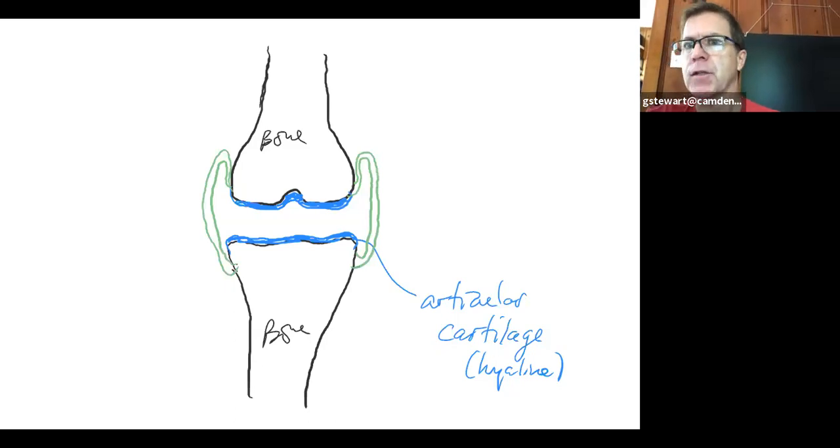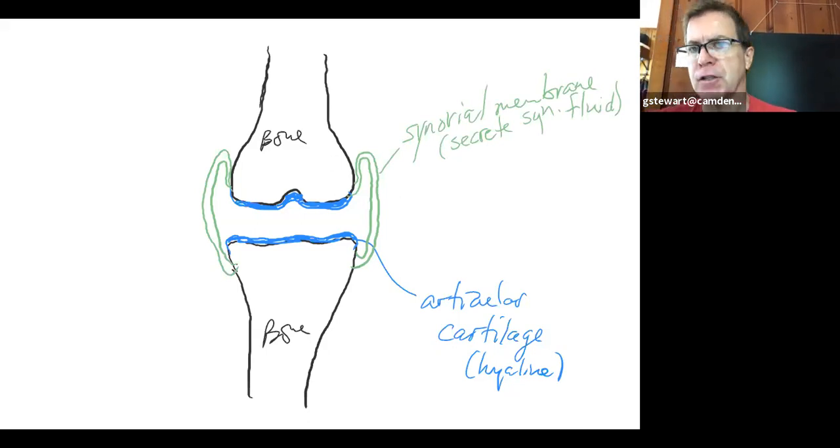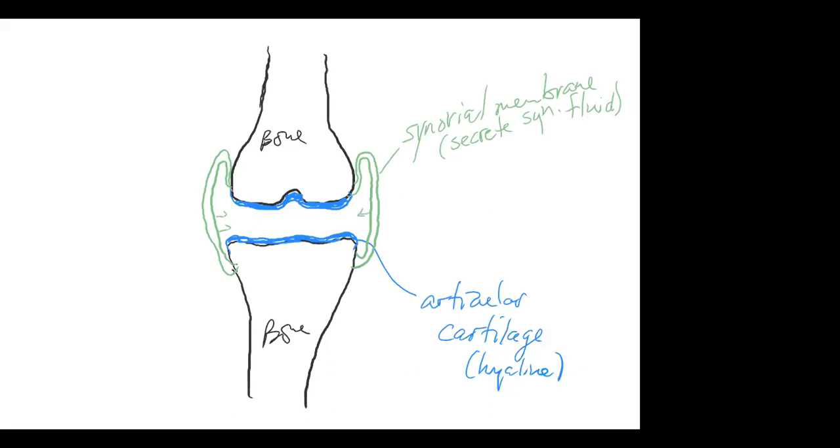So we call this the synovial membrane. The reason it gets its name is because the cells in this tissue secrete synovial fluid. Remember, that's the stuff that has hyaluronic acid in it, and the fluid is actually secreted into this space. So this is a fluid-filled space here to help reduce that friction.